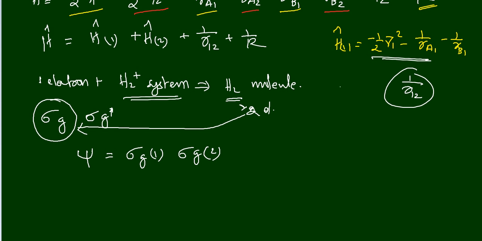So this sigma g orbital is not a complete representation of an orbital in which two electrons are accommodated. Sigma g is an orbital where only one electron is accommodated, and this expression for the orbital actually lacks the properties which would have occurred if we adopted a Hamiltonian that also includes the interelectronic repulsion term.